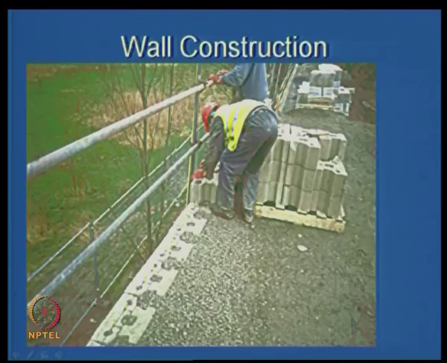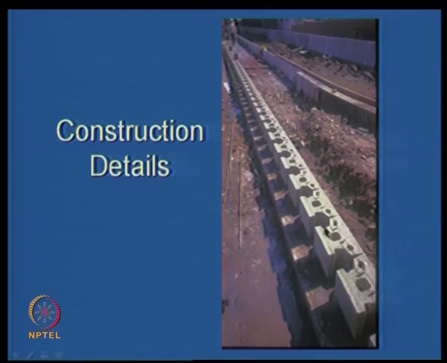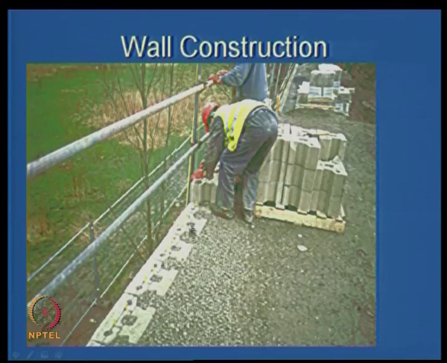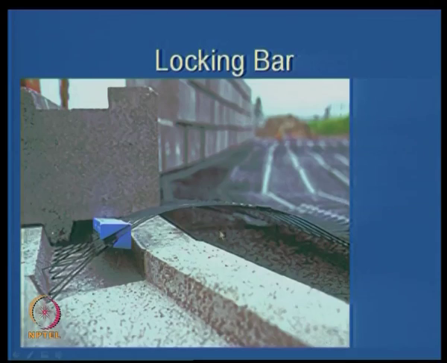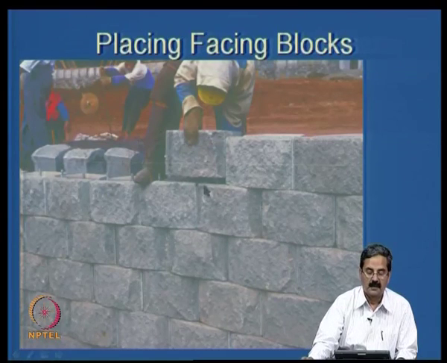Now the construction details. This is one way, this is the other way. This is a drainage element, and this is another blocking and locking bar. This is a general view of the wall construction. Placing blocks, you see a thread running here.